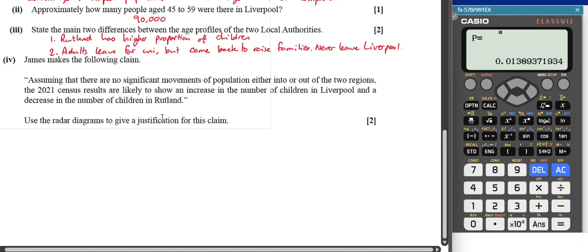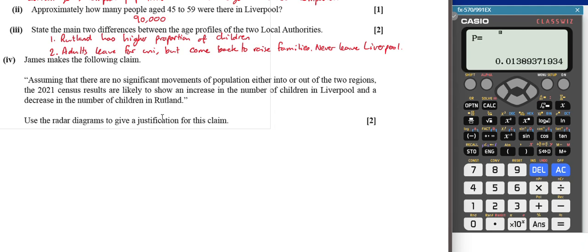So, there are more young adults in Liverpool in 2011.